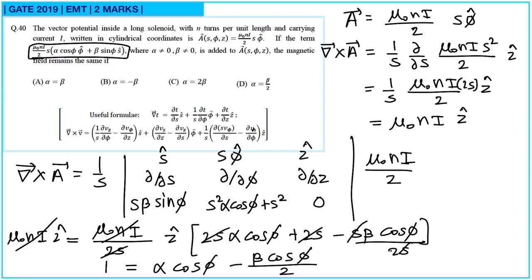Okay, so this is the case. Now we have to calculate alpha and beta. Plus 1 term is there, so this 1 and 1 will cancel out, so we will get alpha cos phi is equal to beta by 2 into cos phi. So that means from here we will get alpha is equal to beta by 2. So here option D is correct.